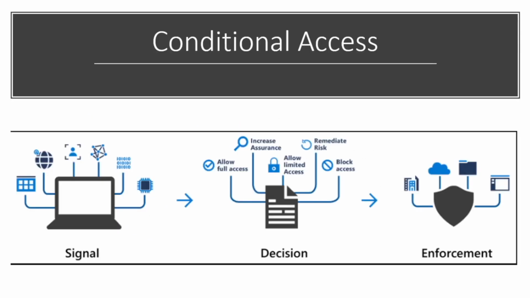All right, and there's also conditional access. What conditional access does is it gets the signal from wherever it is, right? So here's my login from this IP address on this type of device. Then through your conditional access policy, it will make a decision based upon the criteria that you set.